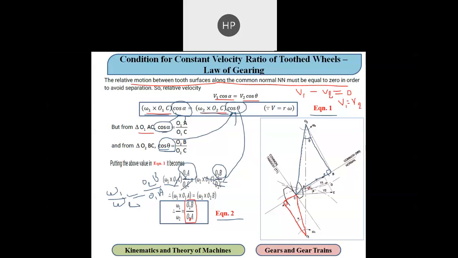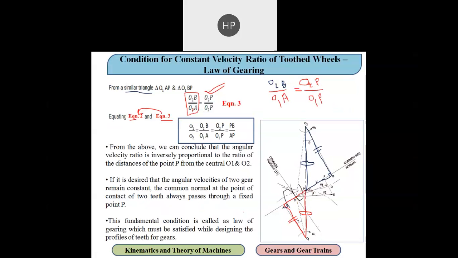So what is the equation? Omega 1 divided by omega 2 is equal to O2B divided by O1A. Now instead of that, we will put this value, so it is equal to O2P divided by O1P.